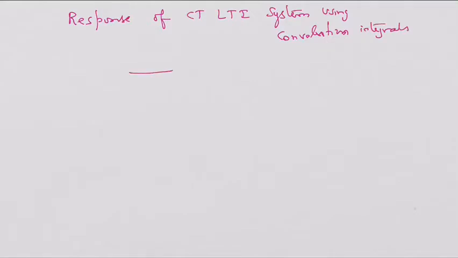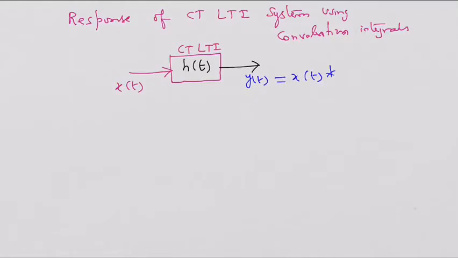You know that if a CT LTI system is applied with an input x of t, and if you know the impulse response of the system is h of t, then the output will be simply obtained by the convolution of the input signal with the impulse response.